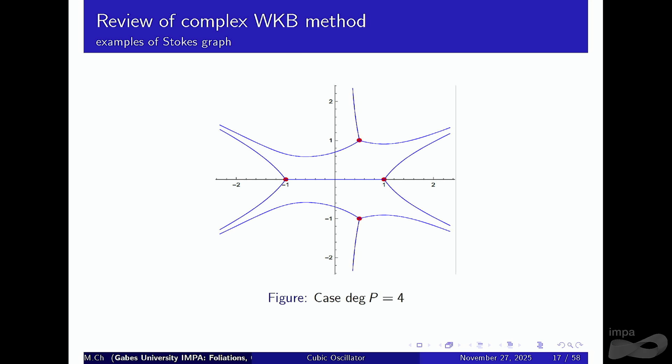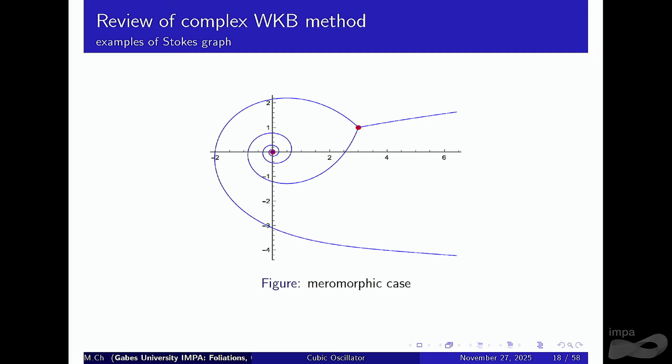This is an example for degree 4 polynomials, and in the meromorphic case, the situation is more complicated. We may have spiral domains, circular domains, and dense domains, as Fawzi has told in his talk. So it is very complicated.